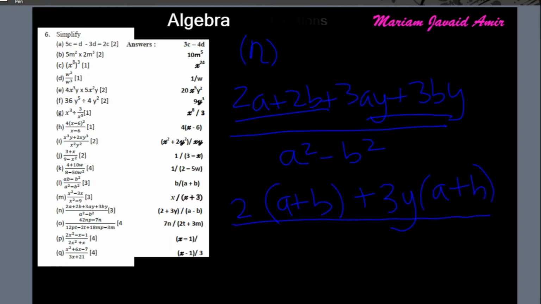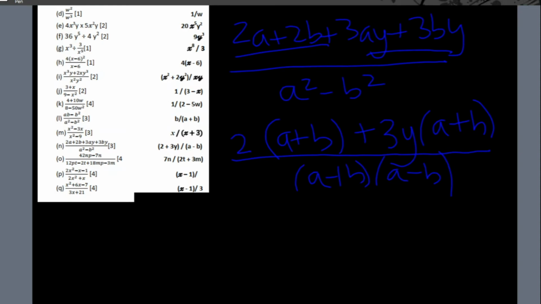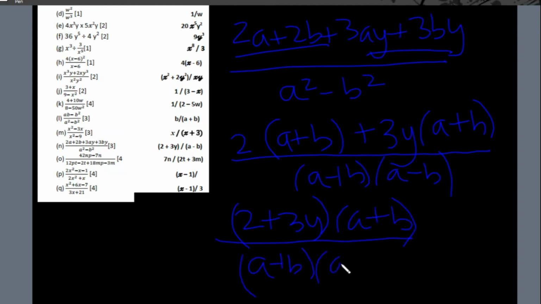And in the denominator we'll factorize a square minus b square to a plus b and a minus b. Next we'll finish factorizing the numerator and we'll get 2 plus 3y bracket a plus b. In the denominator we'll have a plus b, a minus b. So a plus b gets cancelled and we're left with 2 plus 3y over a minus b.